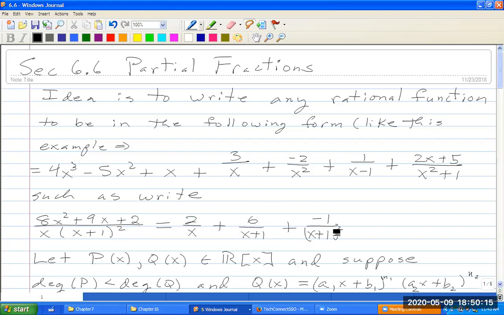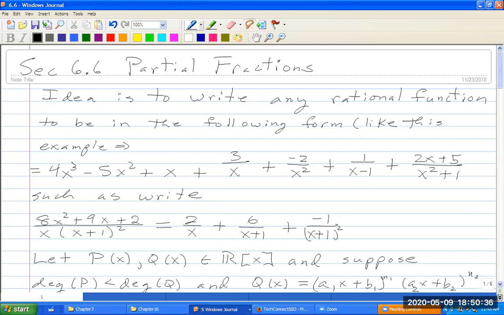So you have to include both x plus 1 and (x plus 1) squared. So minus 1 over (x plus 1) squared. So if I can write a fraction, a rational function, in this form, we say that that's a partial fraction decomposition.